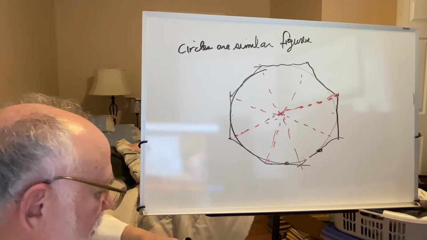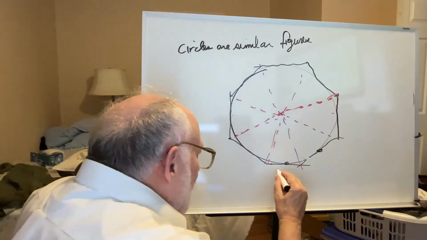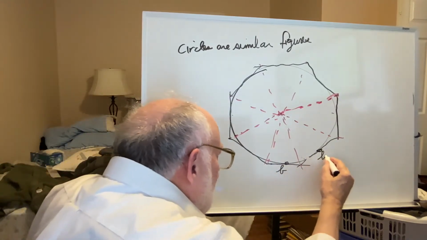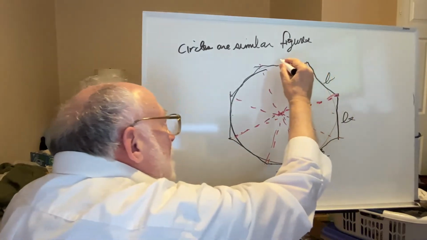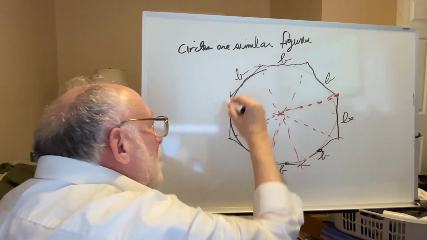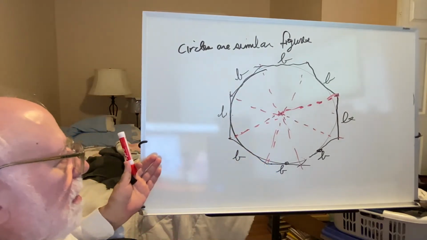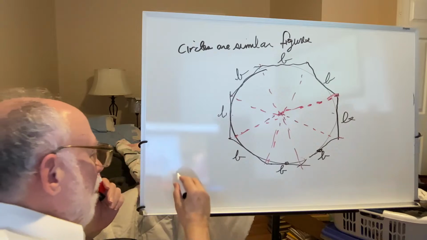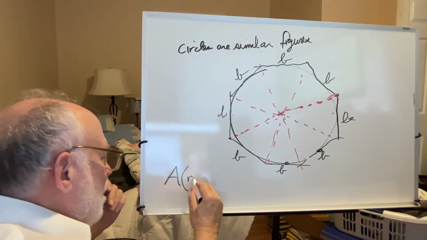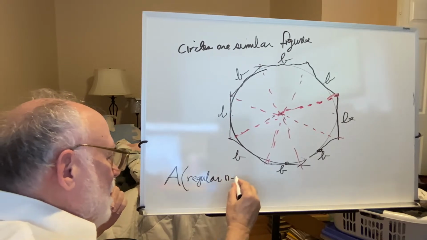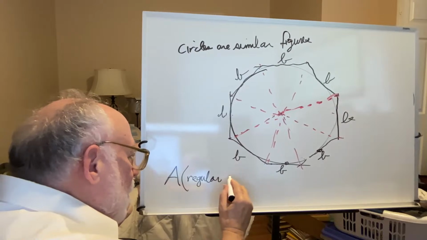Now, what would the height of the triangle be? Before we do that, we have base times height divided by 2 as the formula for the area of a triangle. So here's the base. So we have the area of a regular circumscribed n-gon, n sides.